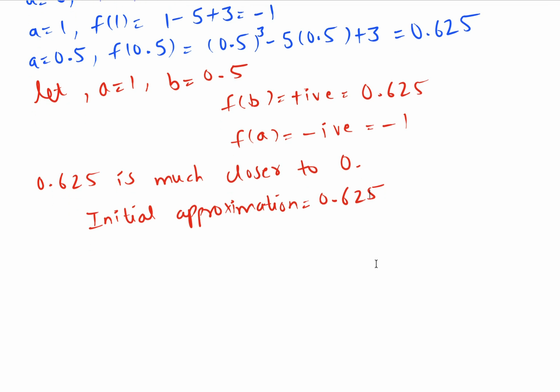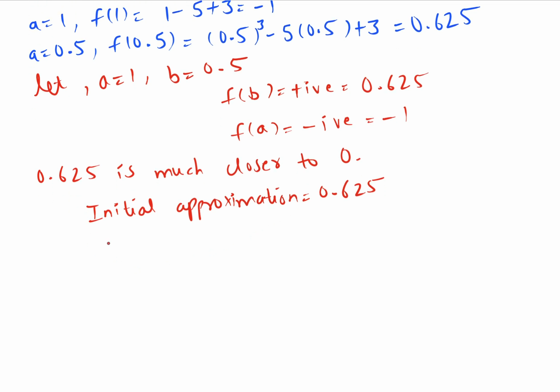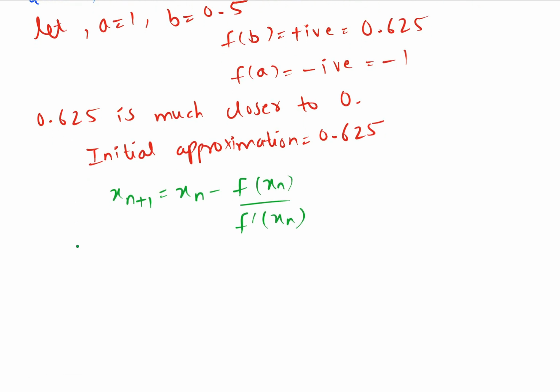Now we can apply the Newton Raphson formula to get the next approximation. So what is the formula of Newton Raphson? The formula is x(n+1) equals xn minus f(xn) upon f dash (xn). So we need to find our first approximation.